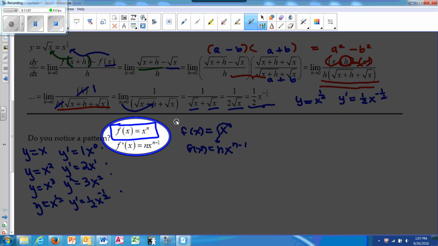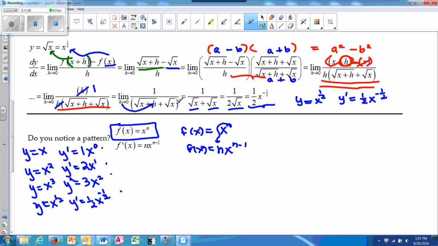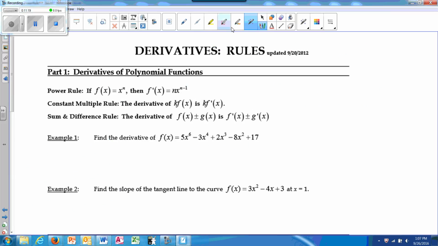So our rule is if we have x raised to a power, the derivative is the power constant moves down to the front, and then we have x to the n minus 1.